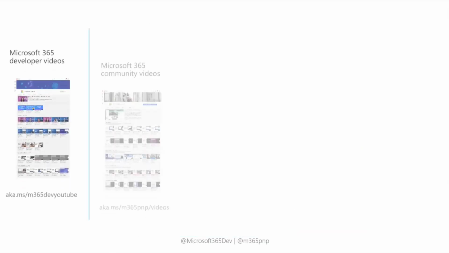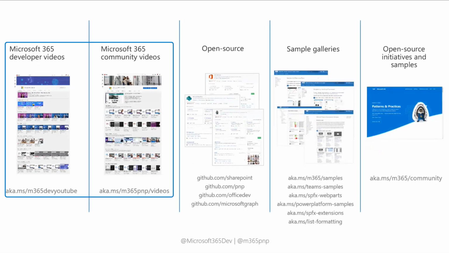There are tons of resources within our community. Microsoft 365 developer videos and community videos are available for you. They cover things like this community call and presentations and demonstrations on how to accomplish a variety of topics within our community.